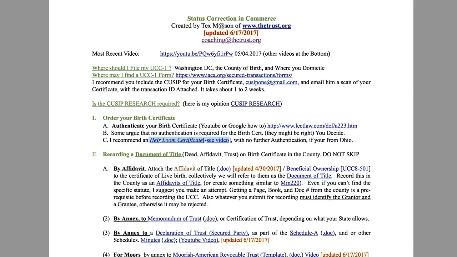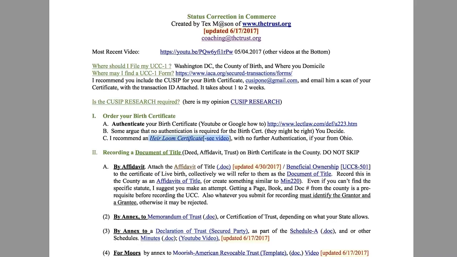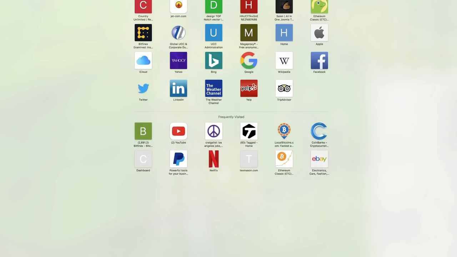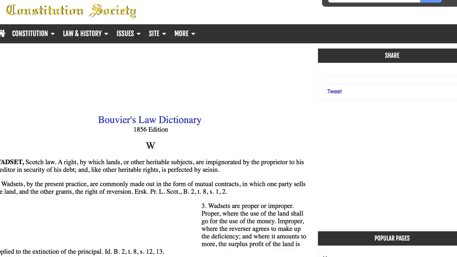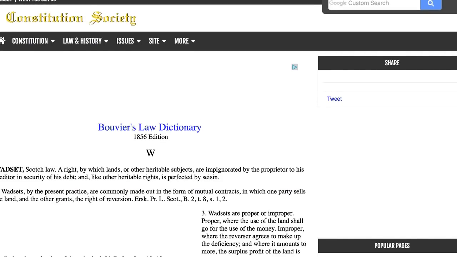And you'll see, this is not all, I'm just demonstrating one level in this video of why the conclusions have been drawn to do the master file the way that it is. So I want to go to Bouvier's Law Dictionary real quick, and I'm going to look up the term wills.